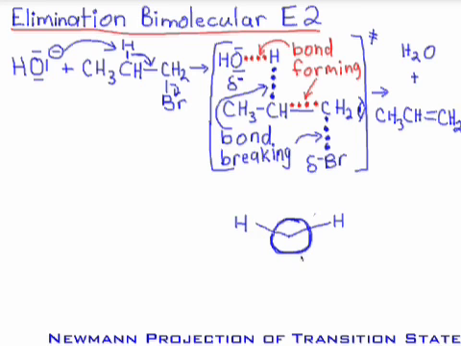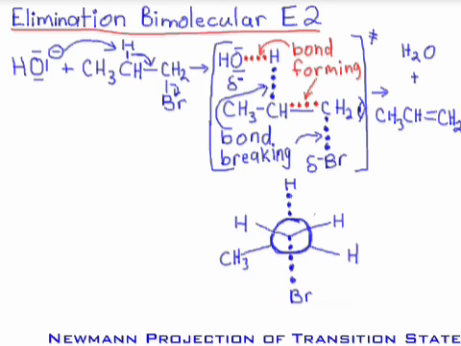Okay, the two in behind are starting to tilt up, the CH3, and so they're flattened out as well, CH3 and the H. Now in behind we have a bond breaking to the H. And in front we have a bond breaking to bromine.